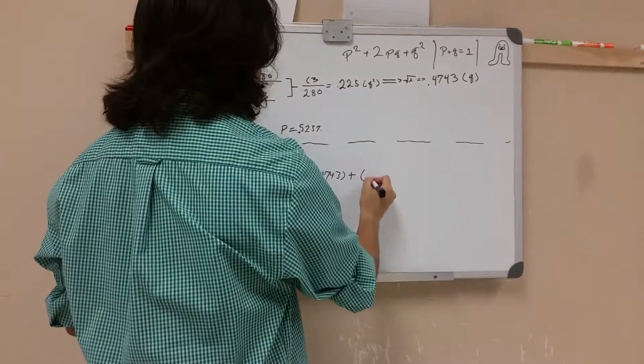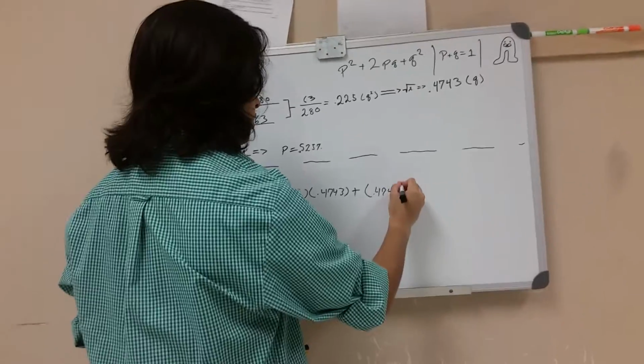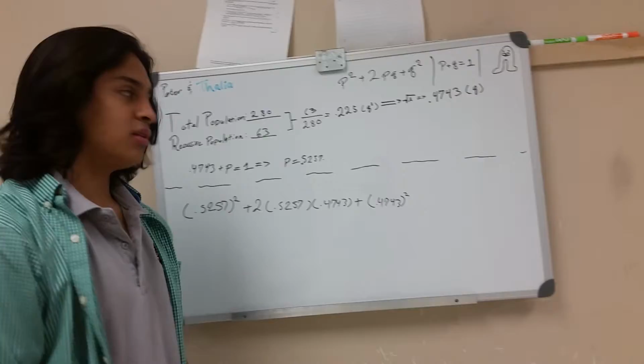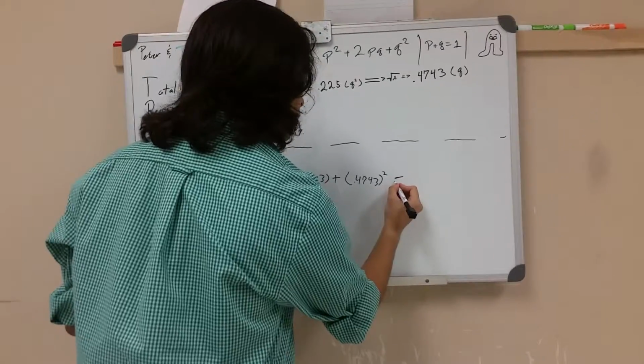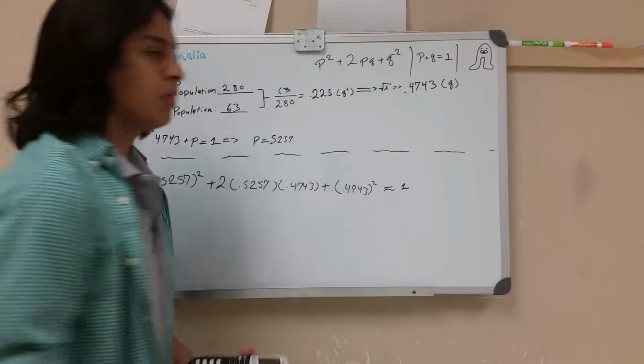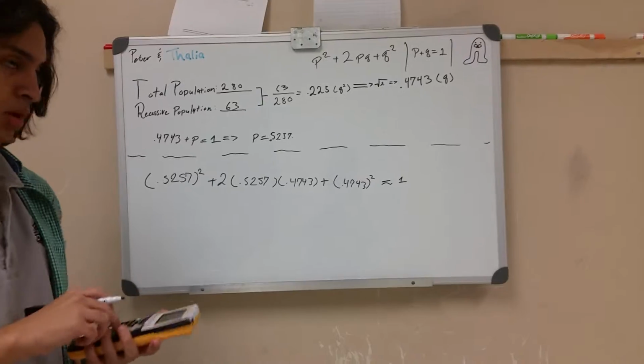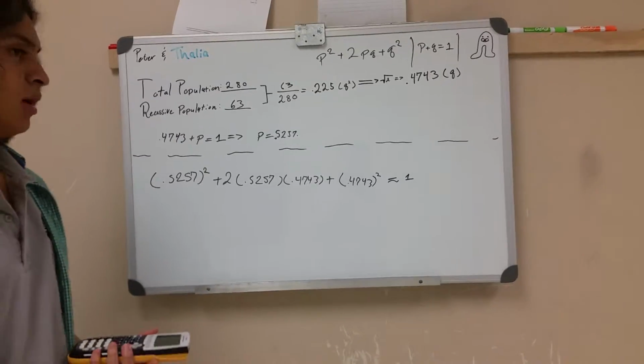In this case, it's going to be 0.4743 squared. And a small reminder, if this equals approximately 1, or in essence it's very close to 1, that means our answers are more or less correct.